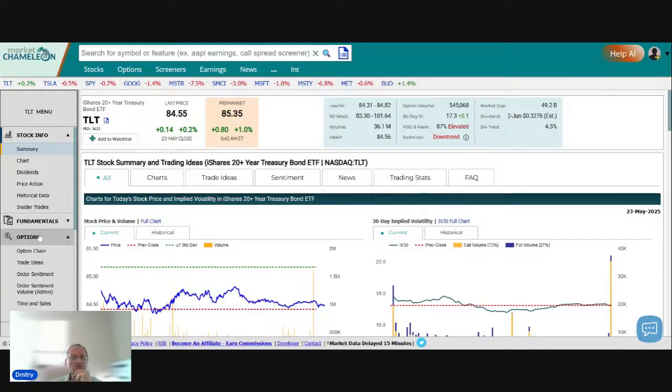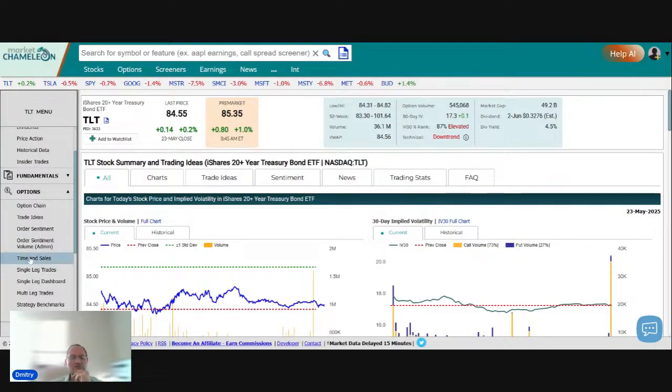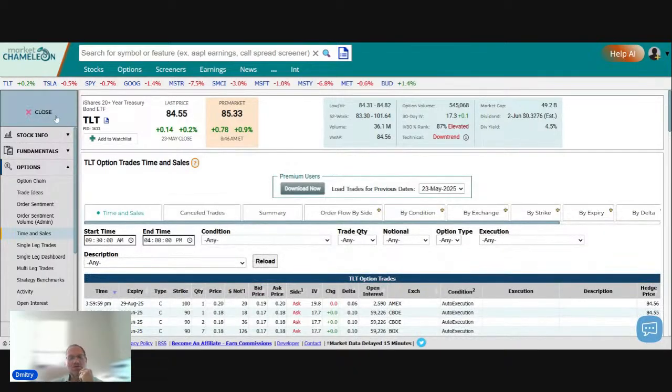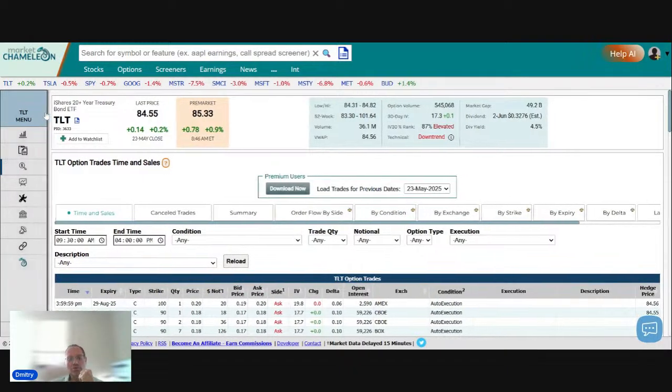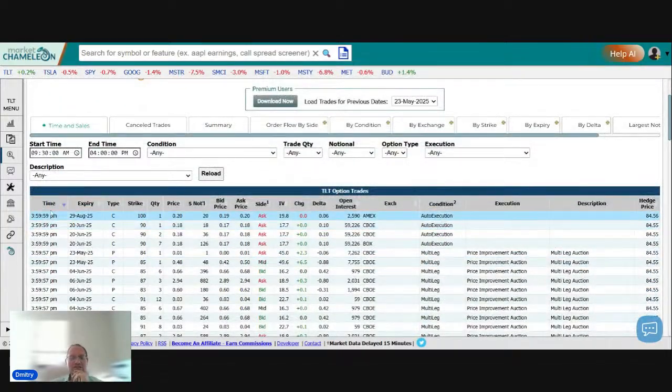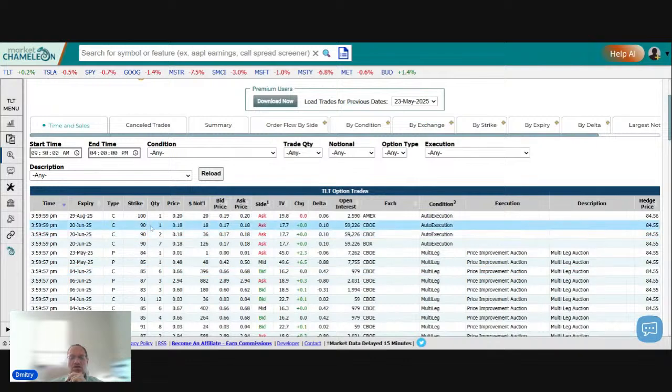Click on options and then click on time and sales. And you come to this page. I'm going to close this menu to expand our screen. And on this page, you will see a table with different items in there. And each of these items represents an actual option trade in TLT.